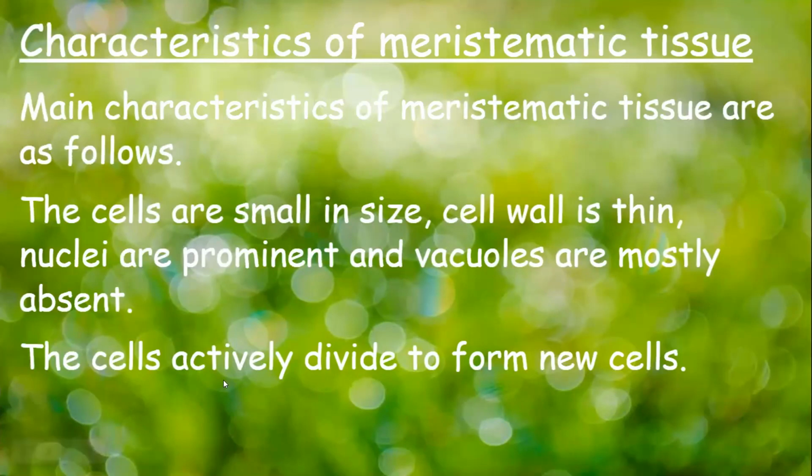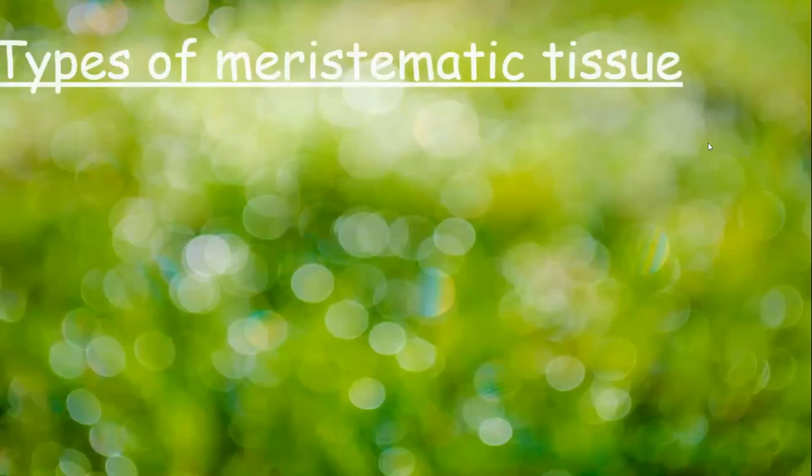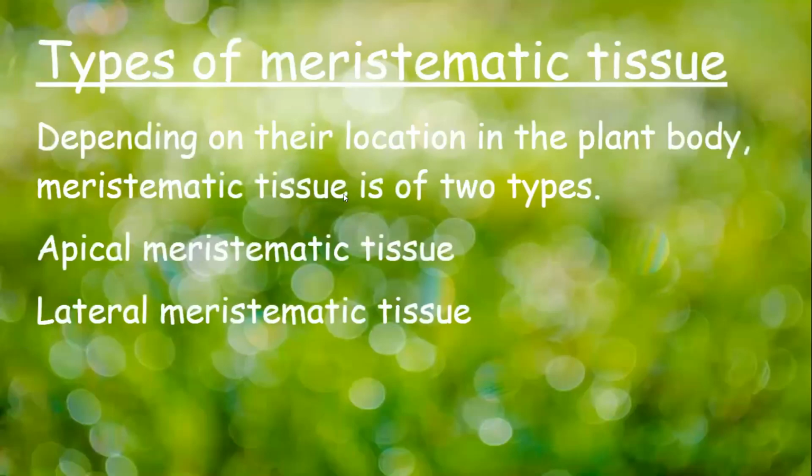These cells actively divide to form new cells. Now we will talk about the types of meristematic tissue. Depending on the location in the plant body, meristematic tissue is of two types: apical meristematic tissue and lateral meristematic tissue.